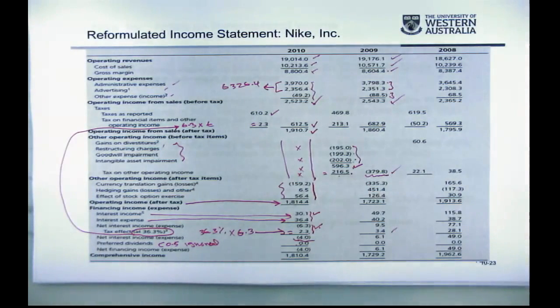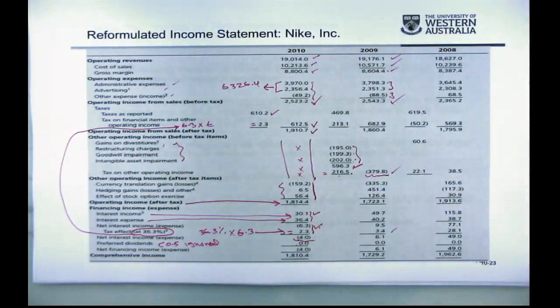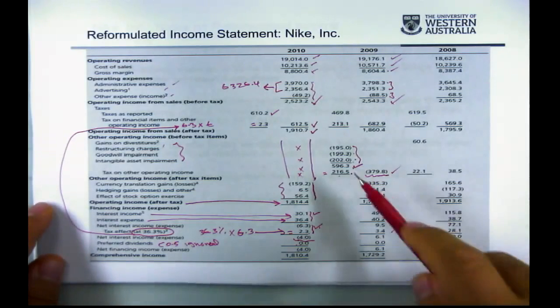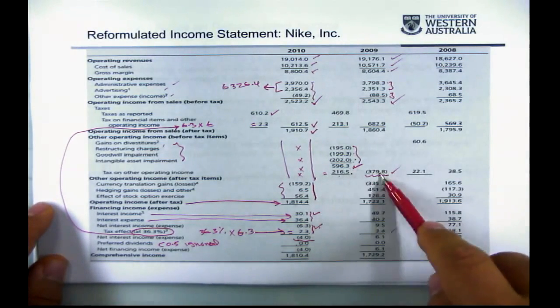I'm sorry that the author of the textbook sometimes puts the loss between parentheses and sometimes doesn't. It is your duty to know when to add and when to subtract, okay? This amount is a loss, and this is the tax saving, so you should subtract this from the absolute value of this to get the after-tax loss.